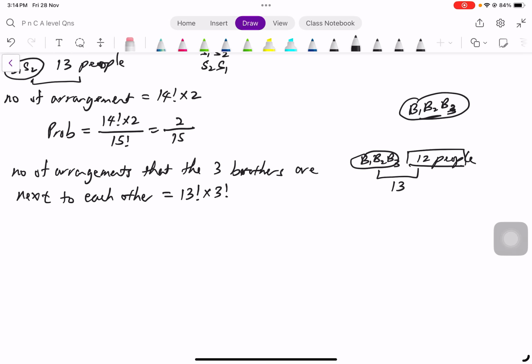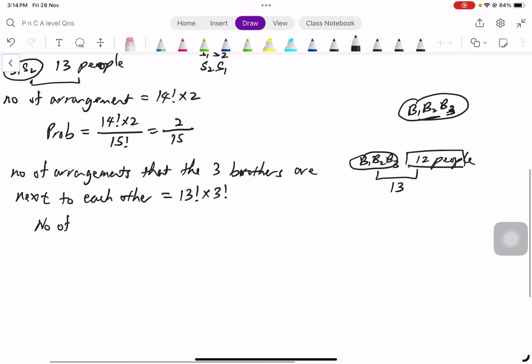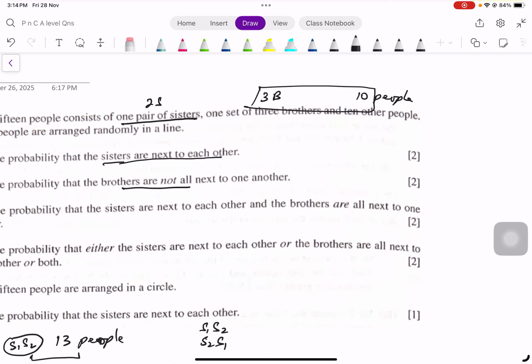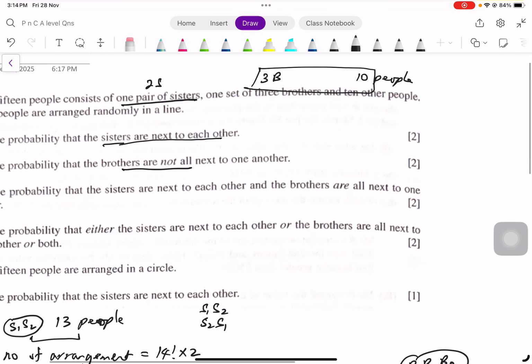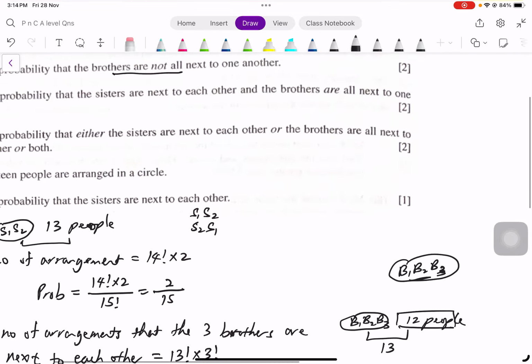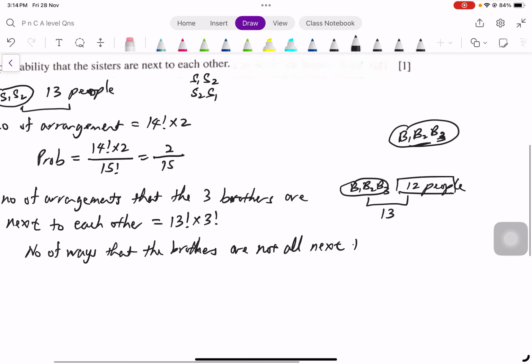Therefore, the number of ways that the brothers are not all next to one another.